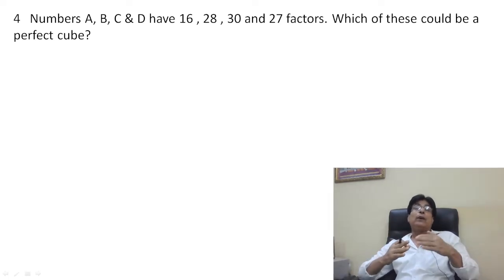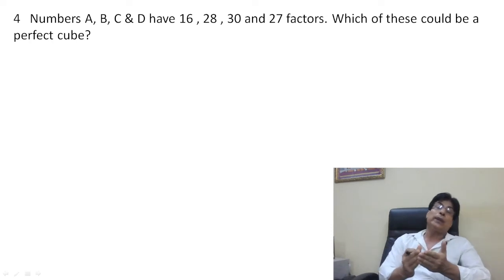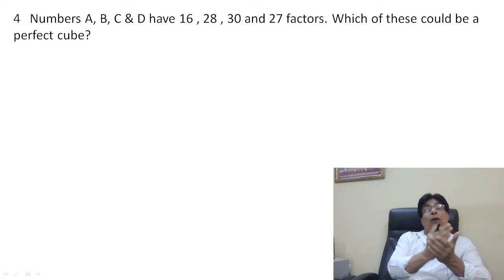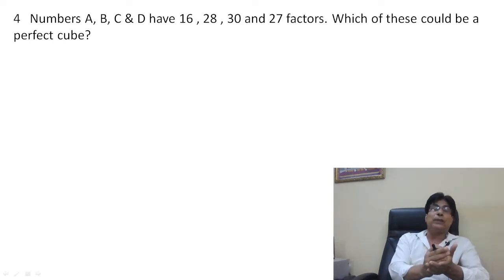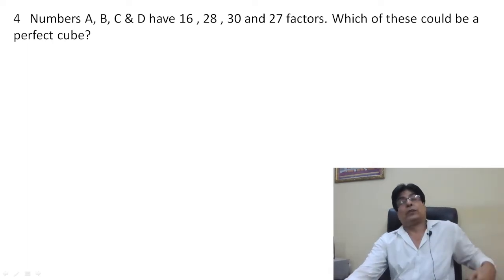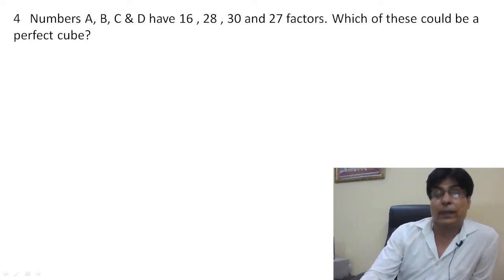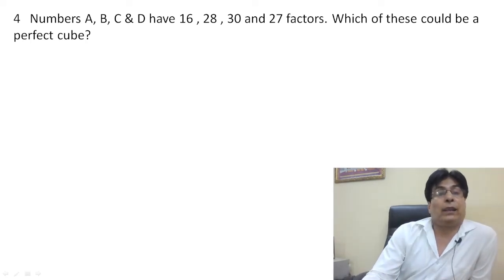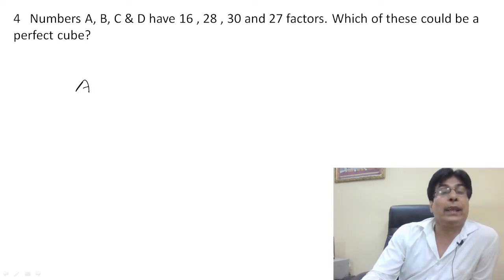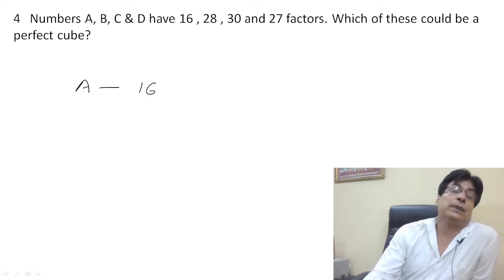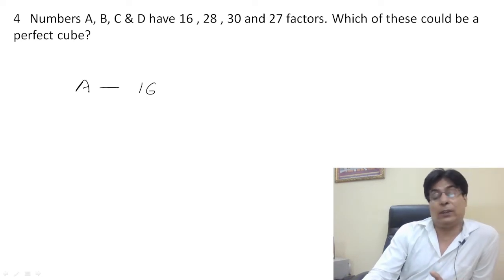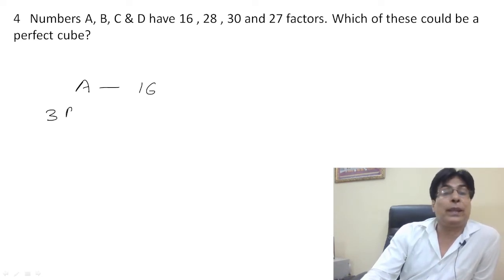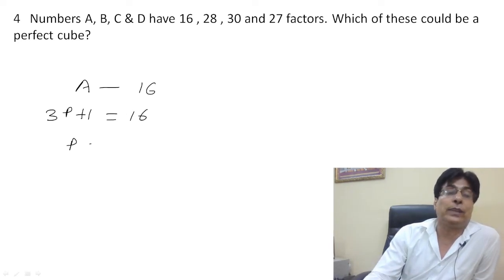In the same way, when it is a cubic number, the power of the prime factor must be 3 or a multiple of 3. According to this concept, we consider number A has 16 divisors. The number must be cubic if 3p plus 1 is equal to 16, then you find p is equal to 5. Therefore, it must be cubic.